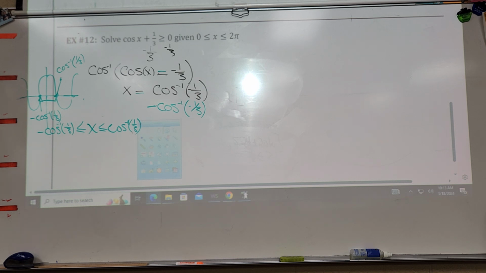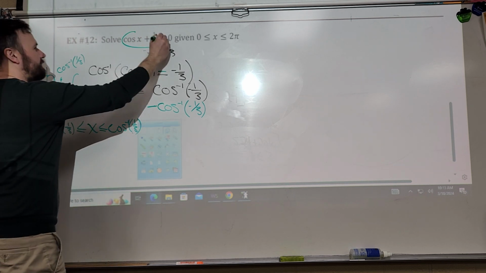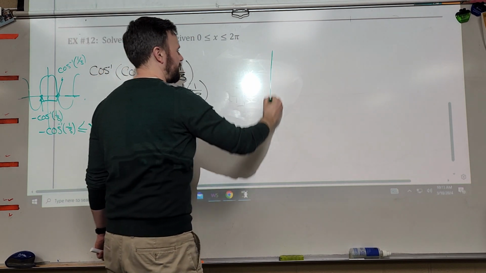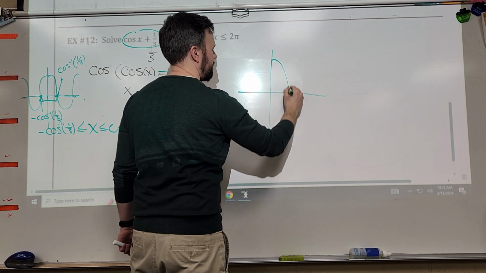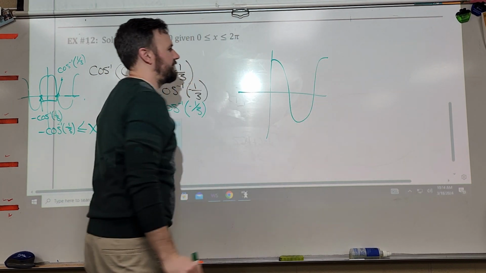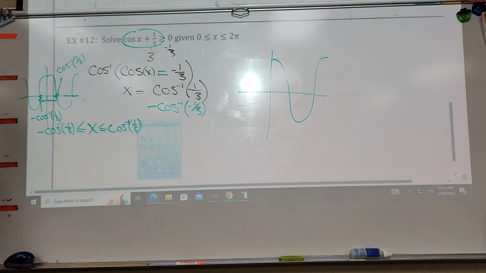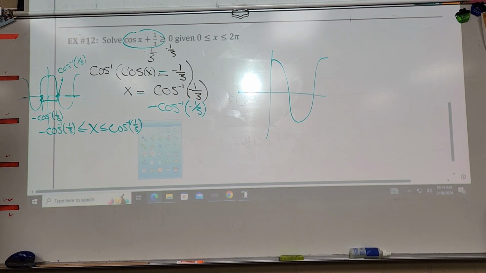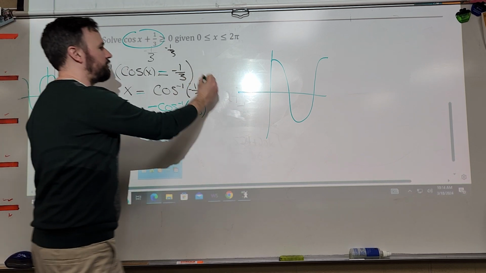Let's say you were able to use a calculator. What would you do? I would graph that on my calculator, and I'd get that graph. I'd look from 0 to 2 pi.